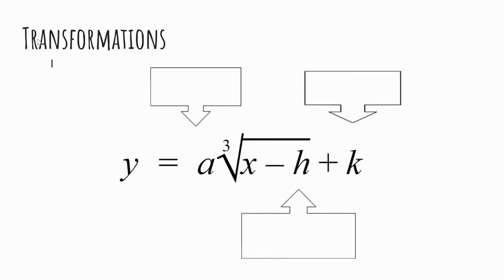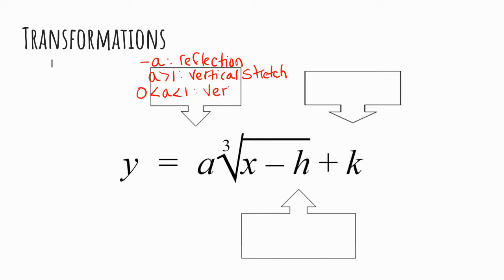Okay, so my a value, if it's negative, it means we have a reflection. If a is bigger than 1, it means it's a vertical stretch. If a is in between 0 and 1, so these are numbers like 1/2, 2/3, 0.3, 0.4, we have a vertical compression or a vertical shrink.